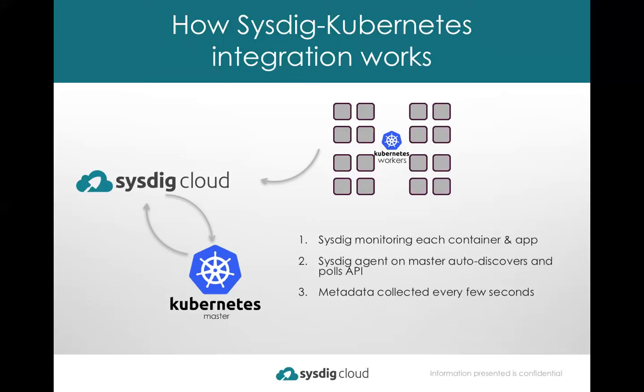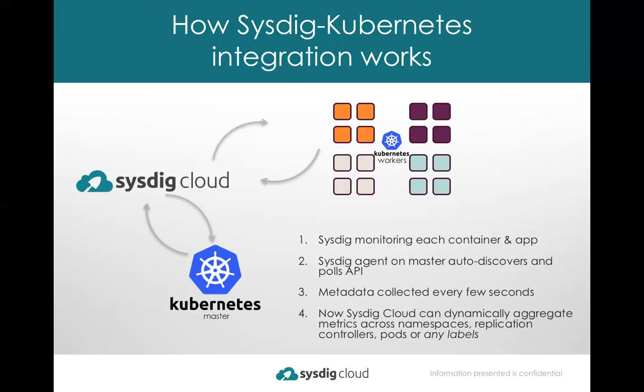Once we've done that, we can then dynamically aggregate metrics across all of these core metadata categorizations like namespace and replication controller, and allow you to ask the question, well, how's this namespace doing? How is this replication controller doing? If it's, for example, a database replication controller, what are the slowest queries we're facing, and so on.